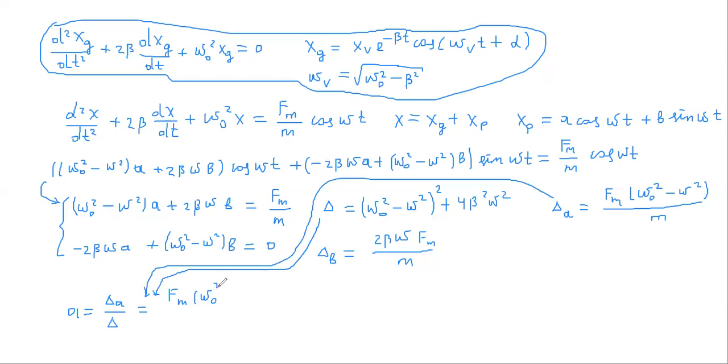Fm (omega 0 to the power of 2 minus omega to the power of 2) divided by m, and this is multiplied by (omega 0 to the power of 2 minus omega to the power of 2) to the power of 2 plus 4 beta to the power of 2 omega to the power of 2.